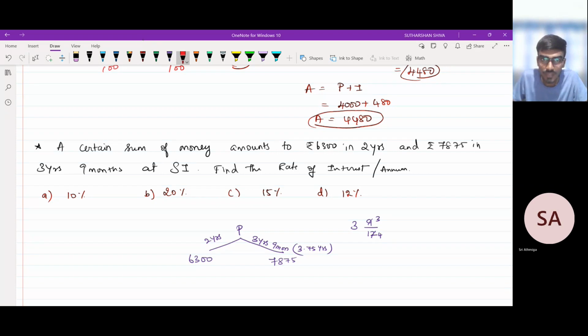The difference between these two is how many years? 1.75 years. Is it right? Yes, sir. Okay. The difference between this 7,875 and 6,300 is how much?